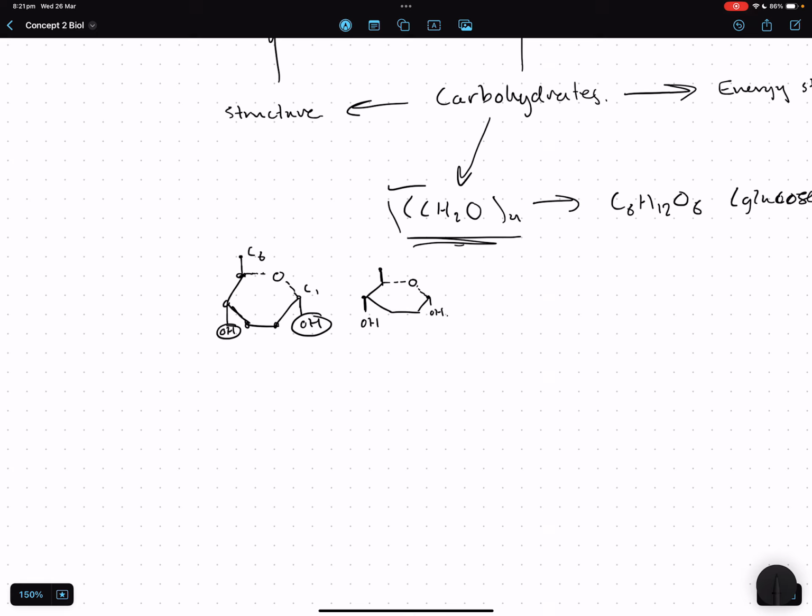Yeah, so that's that very basic glucose molecule. I'll add in all the hydroxyl groups, just for completeness.